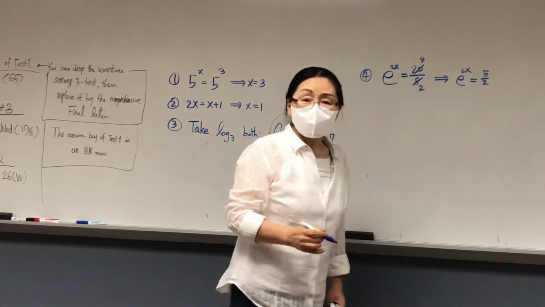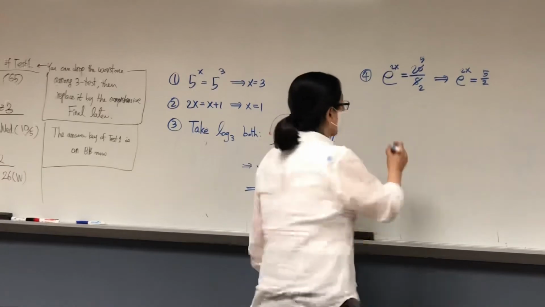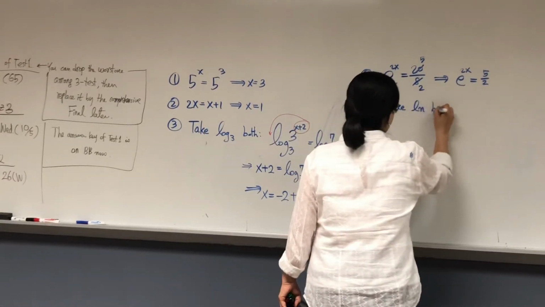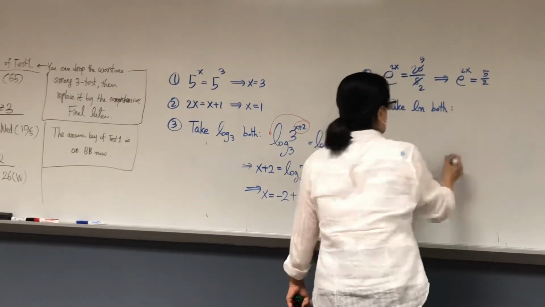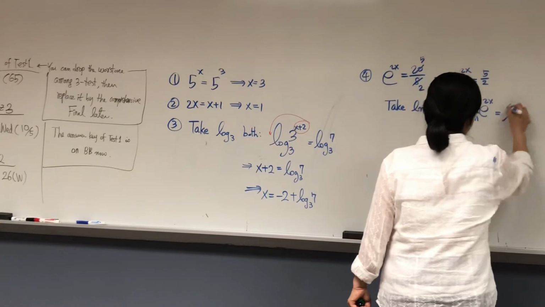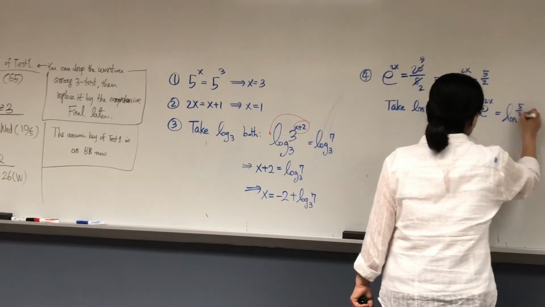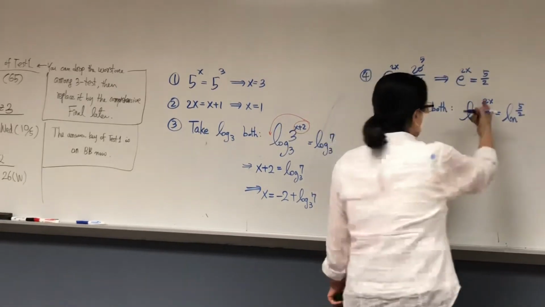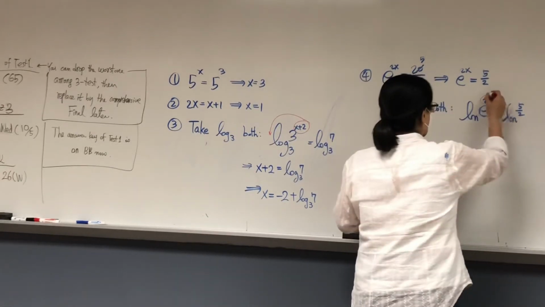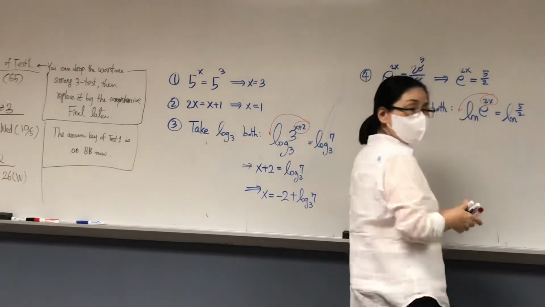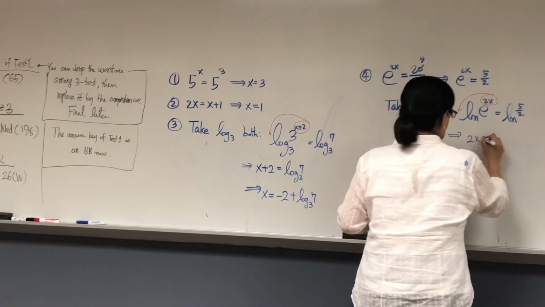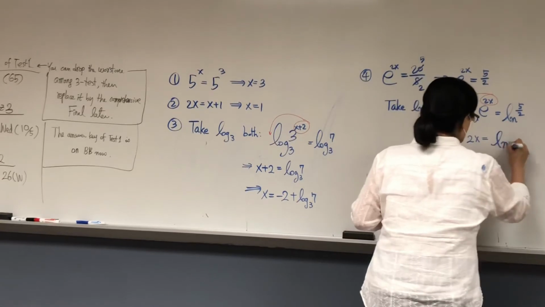What do you need to do? Take the natural log of both sides. And then what do you have? ln e to the 2x equal to ln 5/2. If the exponent comes to the front, then the left hand side becomes 2x equal to ln 5/2.